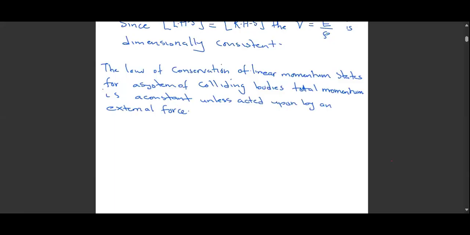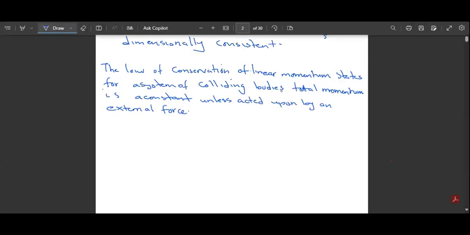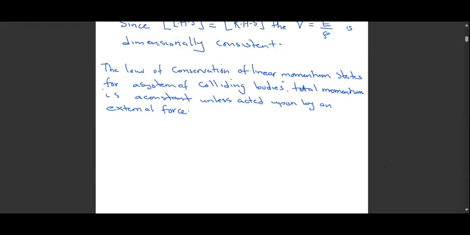The law of conservation of linear momentum says that for a system of colliding bodies, total momentum is a constant unless acted upon by an external force.